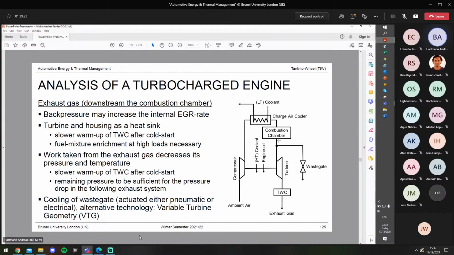And when the turbine is used, it further expands the exhaust gas mass flow.